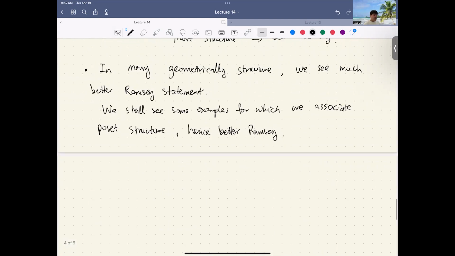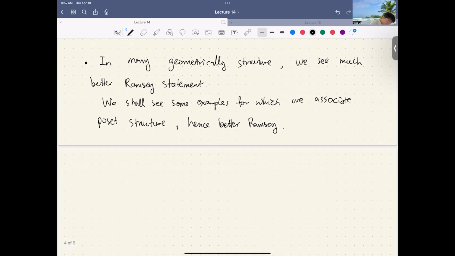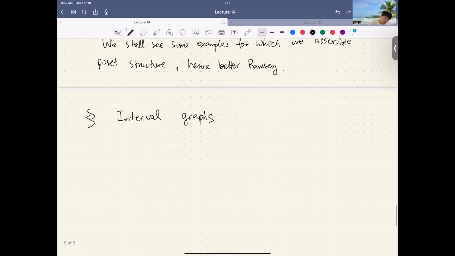Okay, so let's start with the simplest possible geometrically defined graph. Let's look at the real line, one dimension, and look at intervals on the line, all right? So let's consider example 1, interval graphs. Let's consider a collection of intervals.